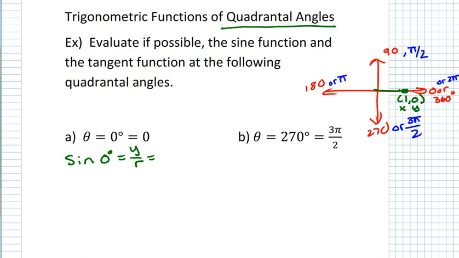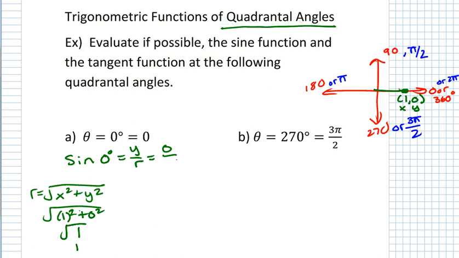Well, y is 0 here. And what is r? Well, r, remember, is the square root of x squared plus y squared. Since x is 1, 1 squared plus 0 squared. So basically it's the square root of 1, which is 1. So 0 over 1 is just 0. So the sine of a 0 degree angle is 0.